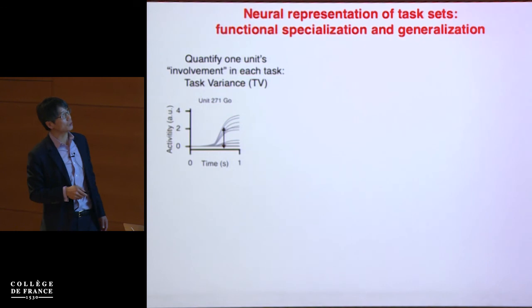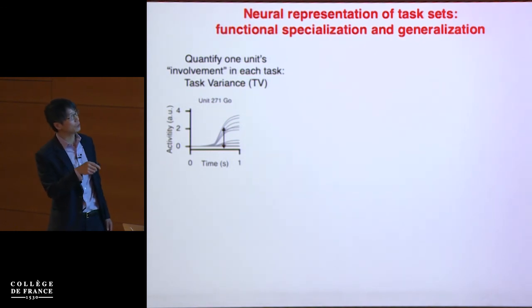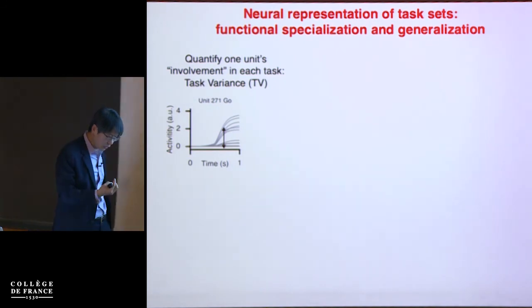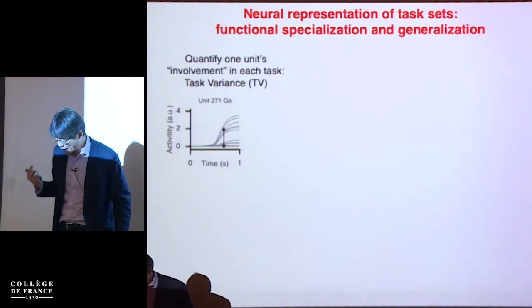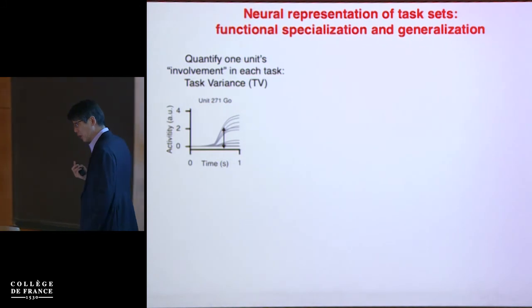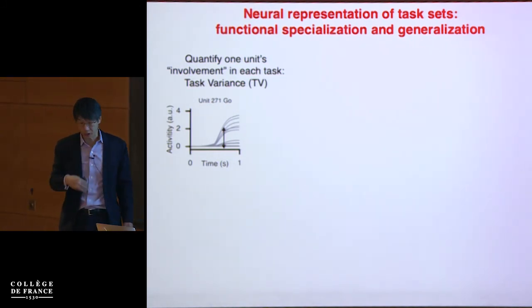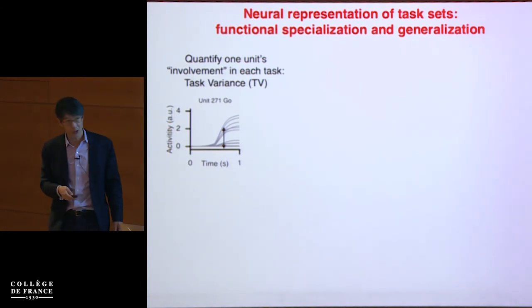So one way to do that is for each unit, for a given task, you look at the time courses for different stimuli, and then you ask, what's the variance of these time courses? That gives you a number, right? So if that unit is engaged in that particular task, the task variance should be high, whereas if it doesn't do anything for that particular task, it's not engaged, so the variance would be low or 0, right?